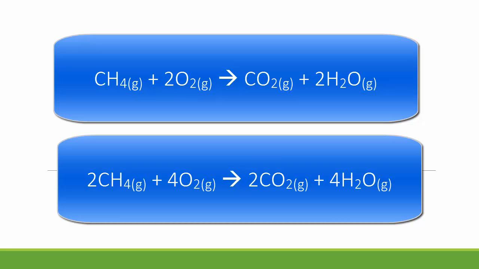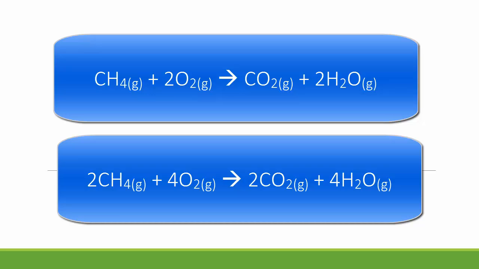So whereas 1 became 2 and 2 became 4, on this side also 1 becomes 2 and 2 becomes 4. See? What I've basically done is taking all the coefficients here and multiplied them by 2. That's why I said it's a recipe, but it's also proportions.